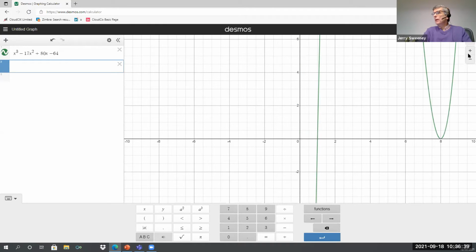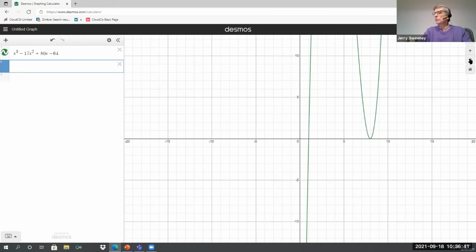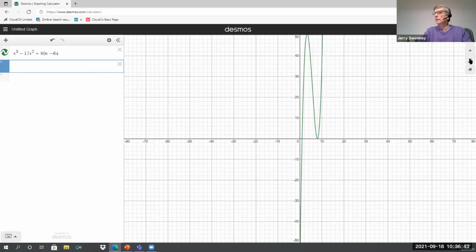And we have now plotted the function, and we're going to just reduce our scale.